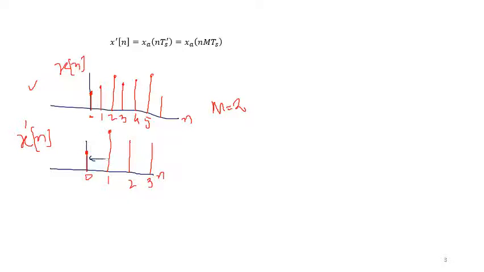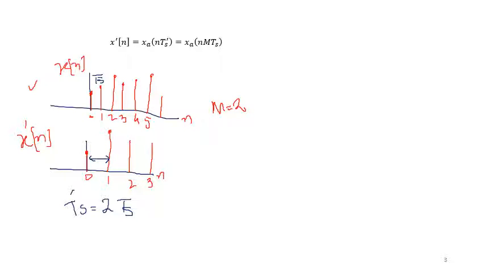You can also check that the sampling period is increased. Here the sampling period, for example, was T s. Now the sampling period, which we represent by T prime s, is equal to 2 times T s. You understand sampling period and sampling frequency are reciprocal.